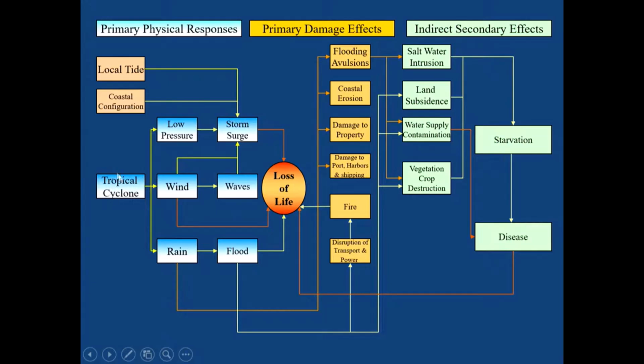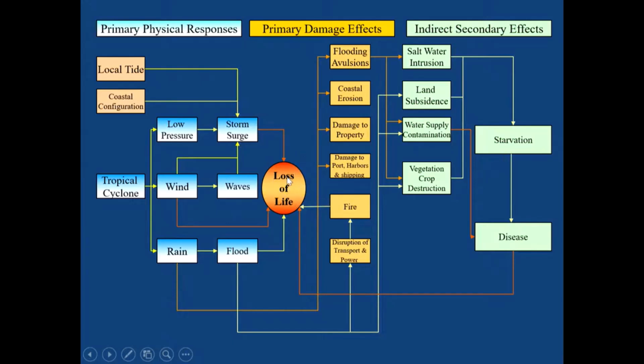And this is the tropical cyclone, how it is formed: low pressure is associated with the tropical cyclone, then wind is associated with the tropical cyclone, and torrential rain. So these three parameters are associated with the tropical cyclone. Low pressure and high wind contribute to the formation of storm surge, and the more the storm surge, the more the loss of life will be.